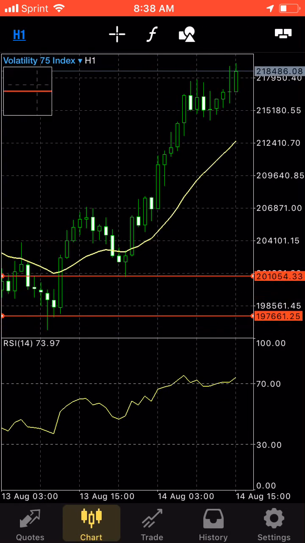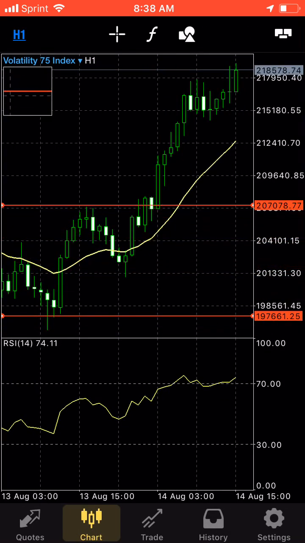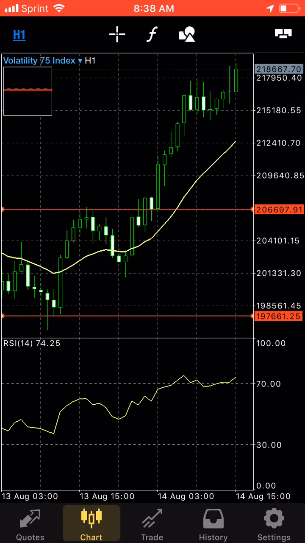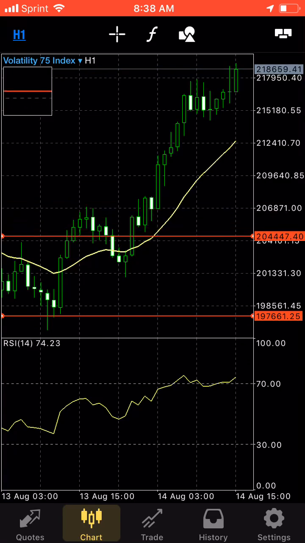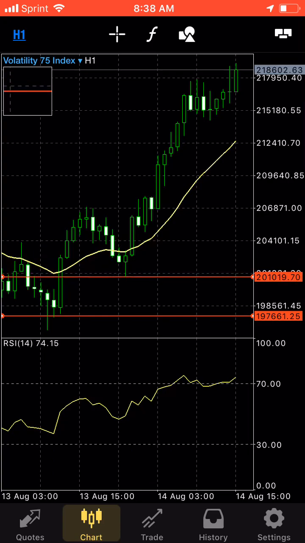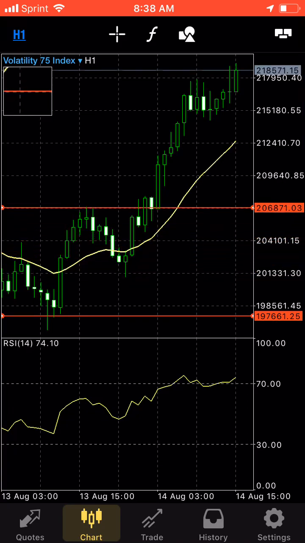So you see the market made this top. When the market got here, it pulled down a little bit to this level. So when you see this pullback, you have to wait here.